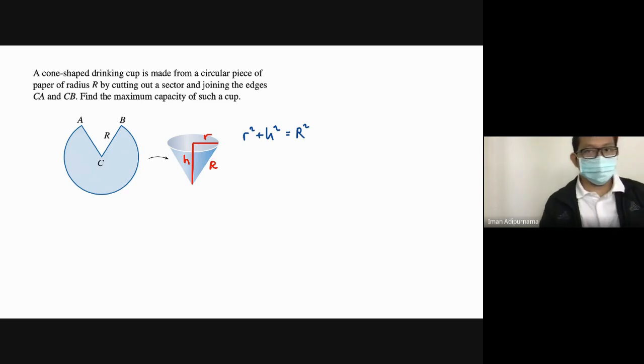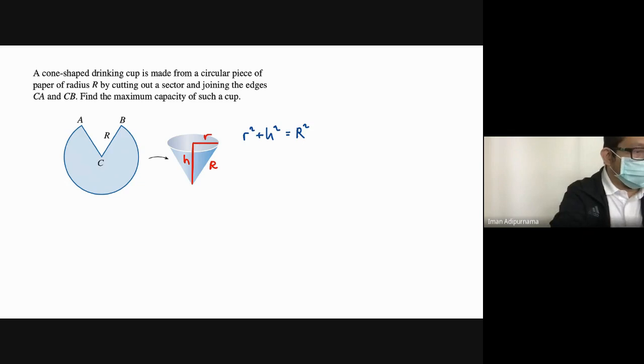So you can relate the R, the small r, and the H with this big R using the Pythagorean theorem for the triangle, right? Let me write it for you. First we can write this, right? And our volume will be pi over 3 r squared h.